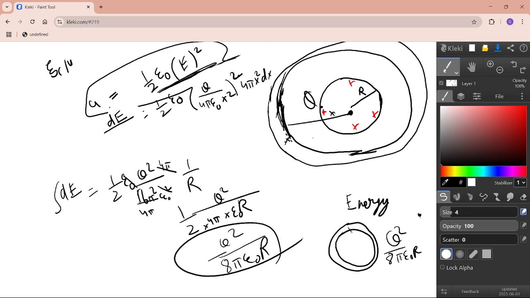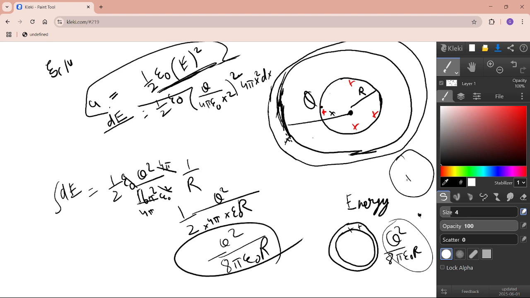Because basically the charge is not inside, it's on the outside. It's kind of a hollow sphere only, even though it's filled with metal inside. If you have just a hollow shell, it's still q square upon 8 pi epsilon naught r.